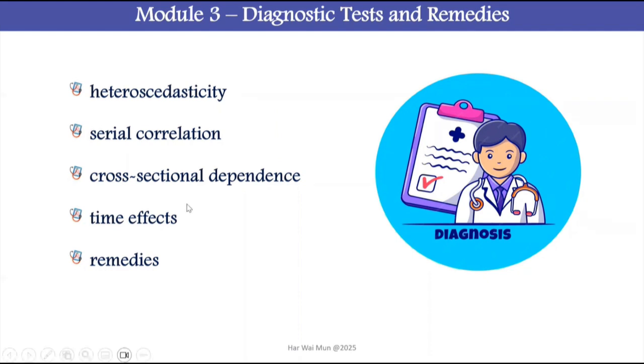You can already guess what they are. First, homoscedasticity. Second, no serial correlation. Third, no cross-sectional dependence. So they are based on these three assumptions. And of course, you must also ensure that there is no time effect.